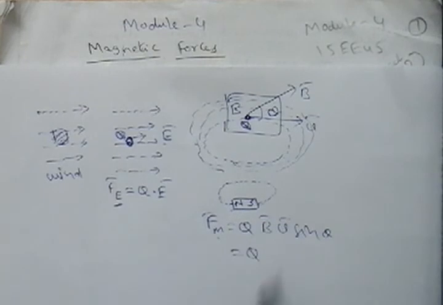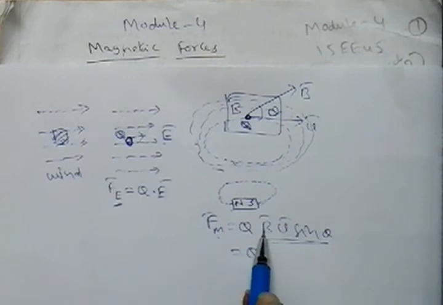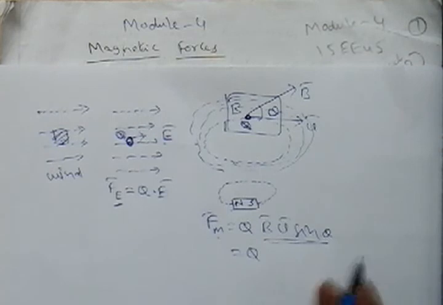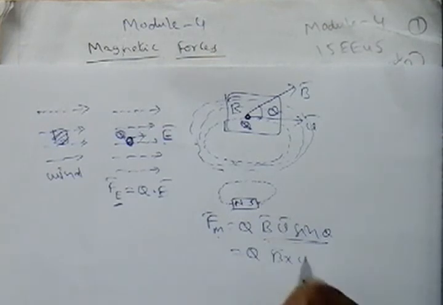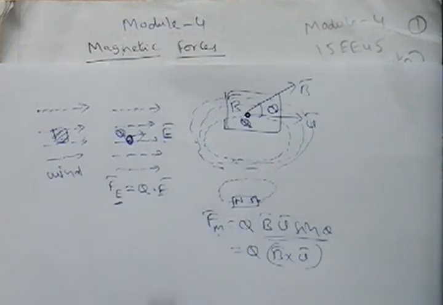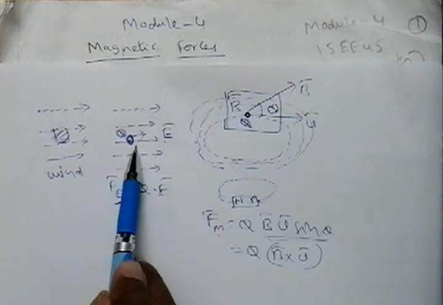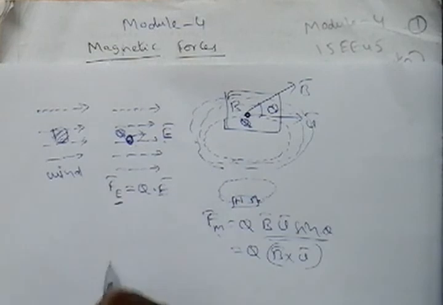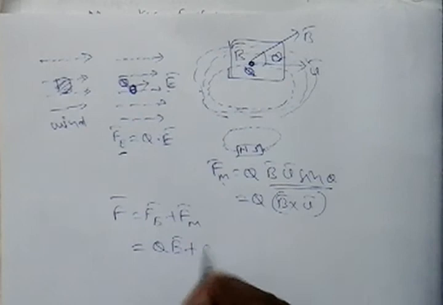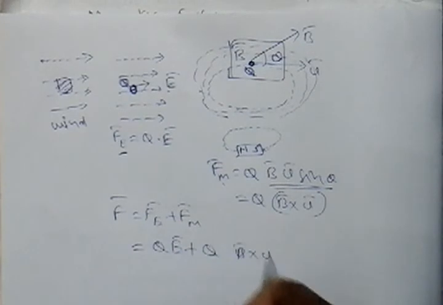As per vector algebra, A bar B bar sin theta can be written as A bar cross B bar. So here it can be written as B bar cross V bar. The total force experienced by the charge Q placed in the electric field as well as the magnetic field is F equals F E bar plus F M bar, which is Q E bar plus Q B bar cross V bar.